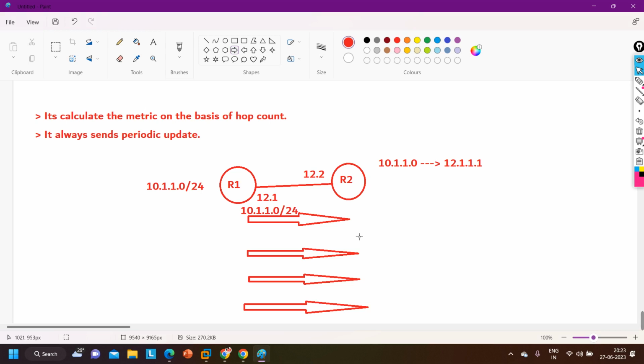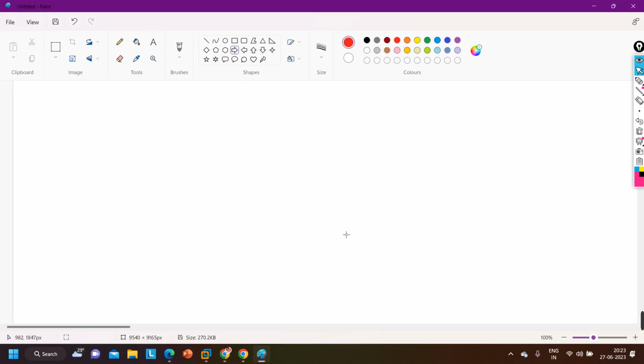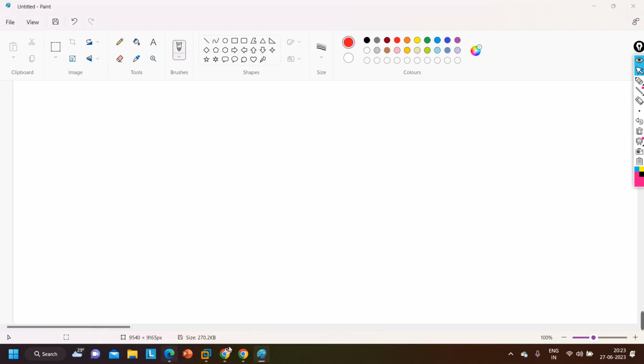Let's say we have router 1, R1, and R2. Here the IP is 12.1, here the IP is 12.2. Router 1 has one network, let's say X. So router 1 will advertise network X to router 2.